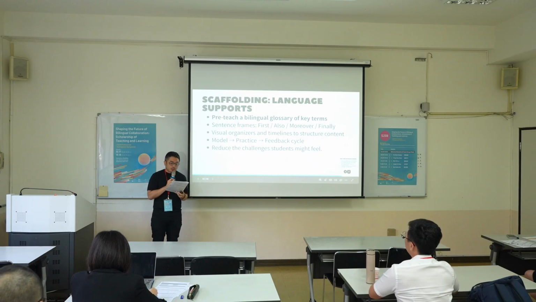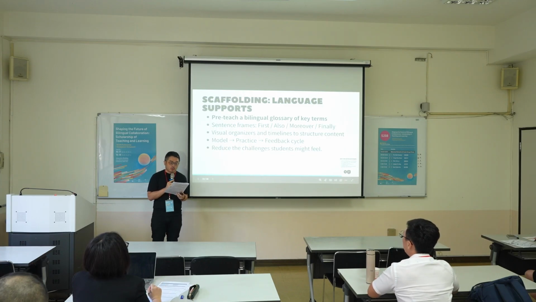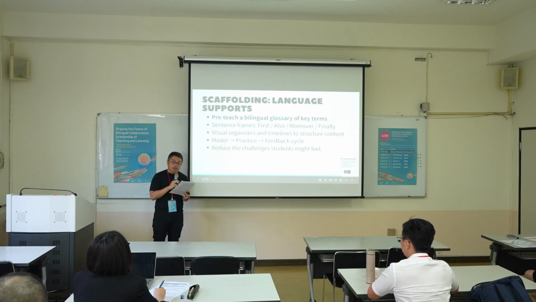To reduce the challenges students might feel in an EMI course, my instructional design is built on two main parts: structured support, you can call it scaffolding, and active engagement. First, recognizing that my students' English level is around A2 to B1, I don't just present information.